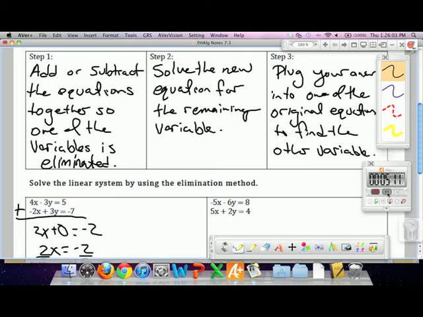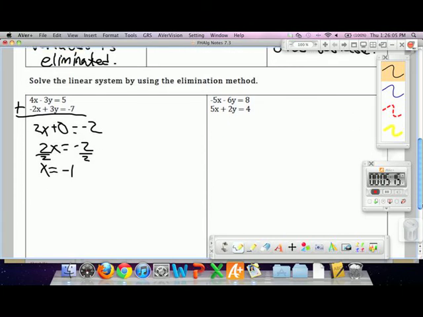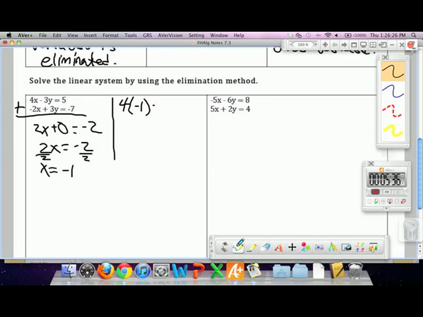So to finish solving this, I'm going to take my answer for x and go back to the original equations, and I'm going to pick whatever one you like. I'm going to go with the first one because it's the first one. It doesn't seem to be significantly harder or easier than the other. 4 times negative 1 minus 3 times y equals 5.